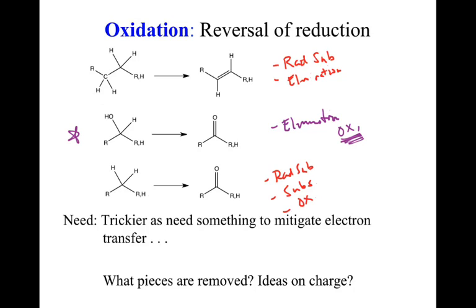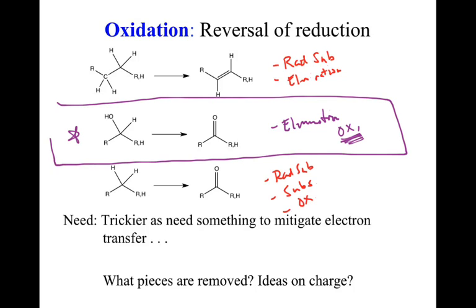Okay, so these are a lot trickier because we need something to mediate the transfer of electrons, and that's not easy. Okay, so let's take a look at the middle one, because that's going to be the more important one, the one we can do with a single reagent. We want to identify the pieces that were changed or removed.